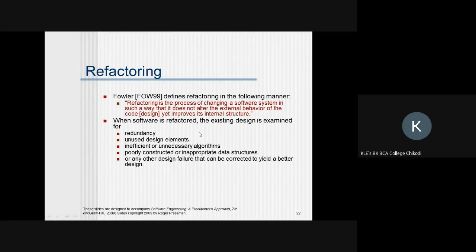These are the characteristics. If they are there in any development, then we have to call that a bad or inefficient system. Refactoring is required for overcoming all these factors.